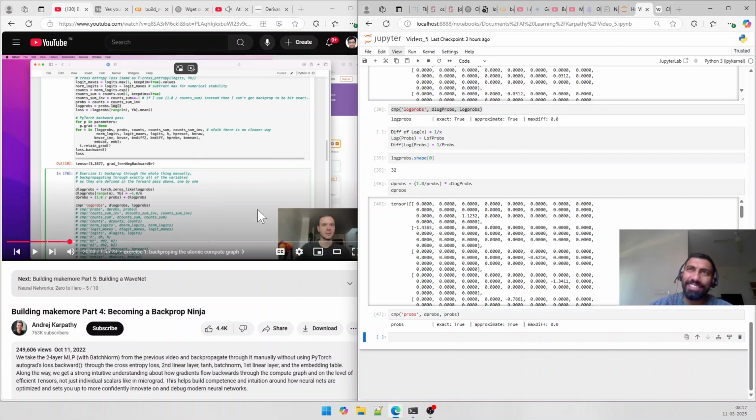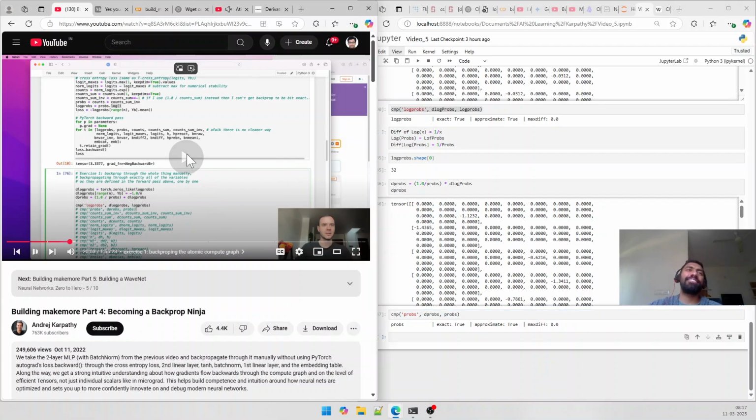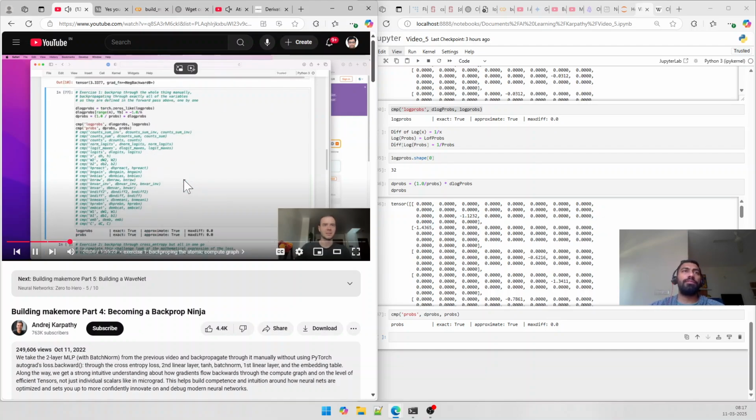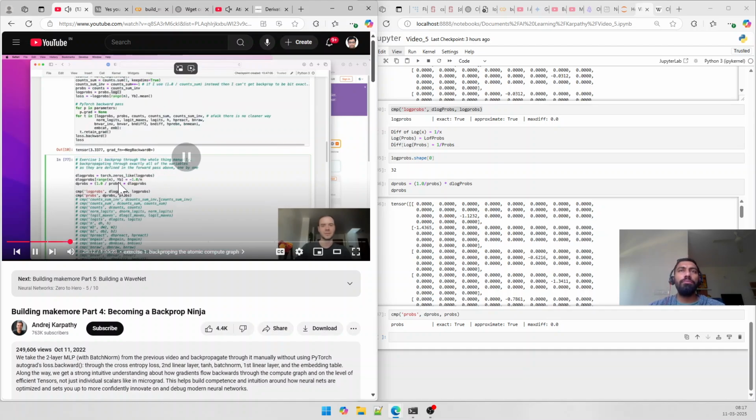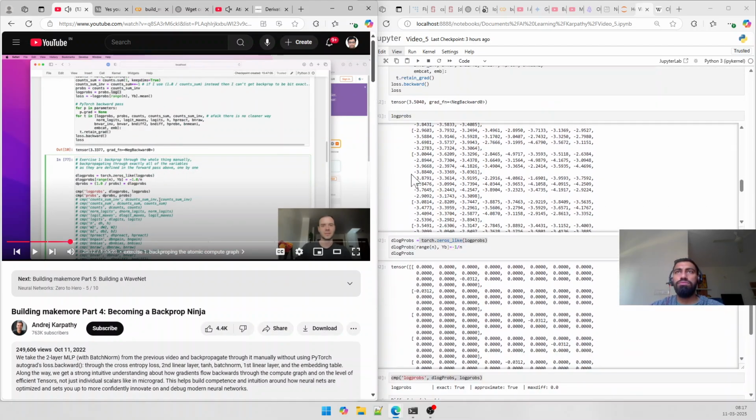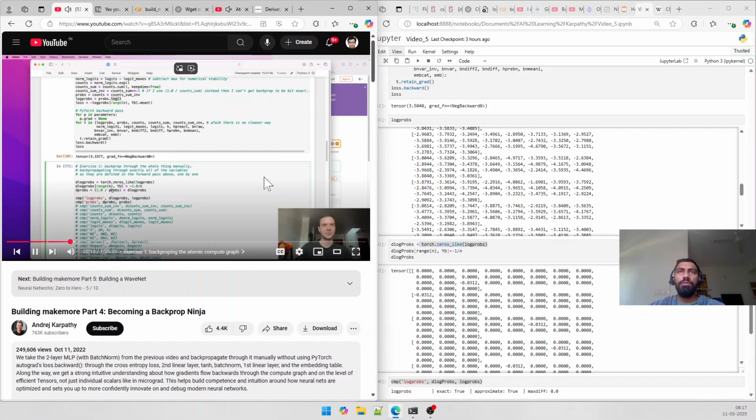Let me uncomment this and run this cell in place. We see that the derivative of probs that we calculated here is exactly correct. Notice how this works: probs is going to be inverted and then element-wise multiplied here. If your probs is very close to 1, that means your network is currently predicting the character correctly. Then this will become 1 over 1, and d log probs just gets passed through.